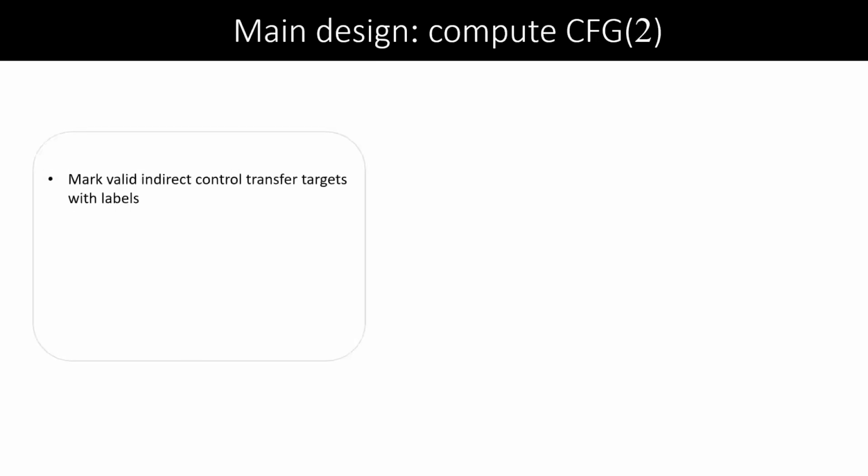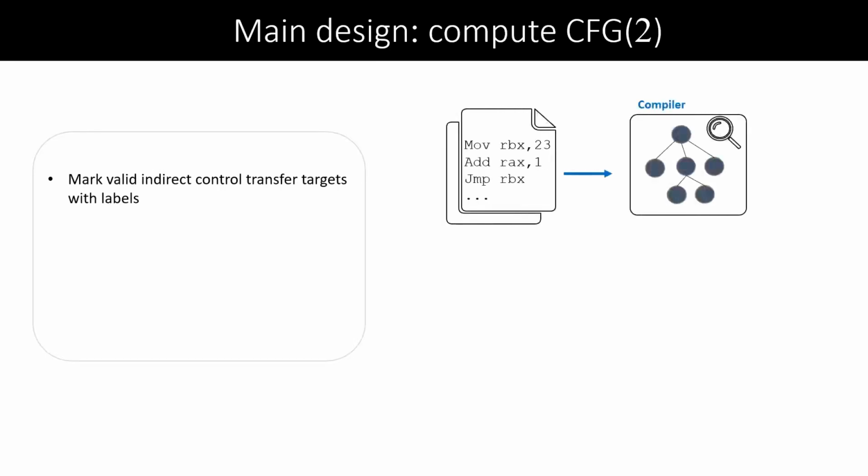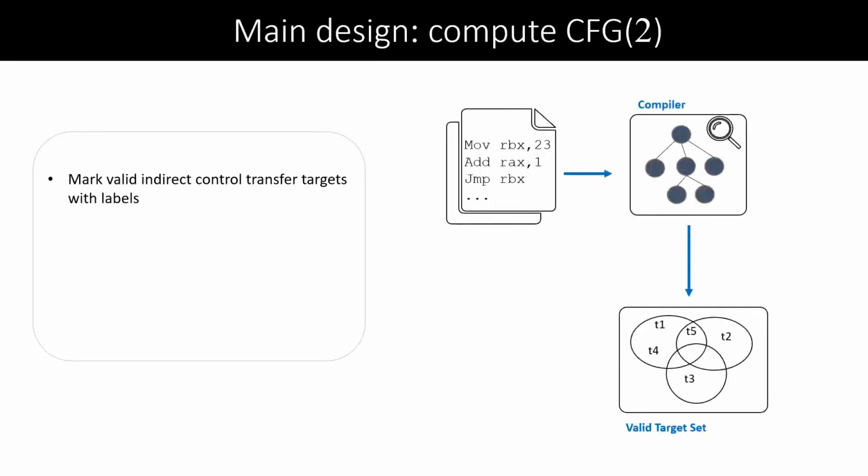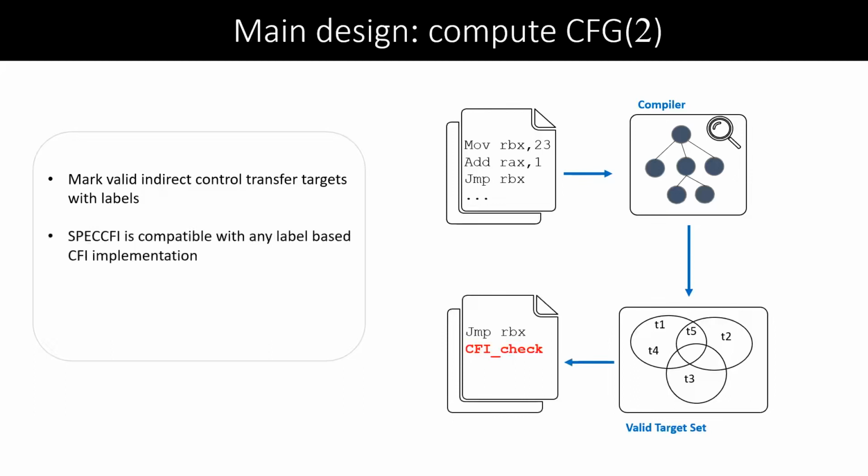Basically, the compiler computes the valid target set for each indirect branch and assigns a unique label to each set. So the indirect branch can only jump to the addresses in a set with a similar label. I should also mention that SPECCFI can utilize any kind of label-based CFI implementation, and both LLVM and GCC also support some kind of label-based CFI.